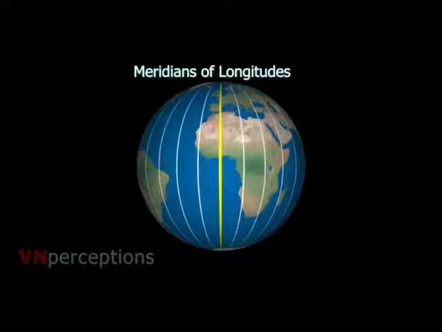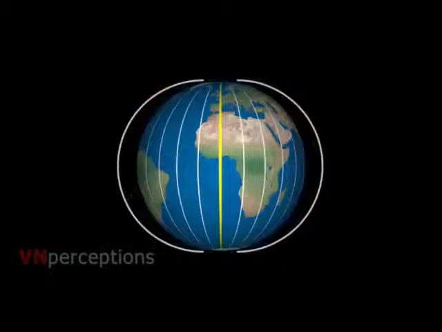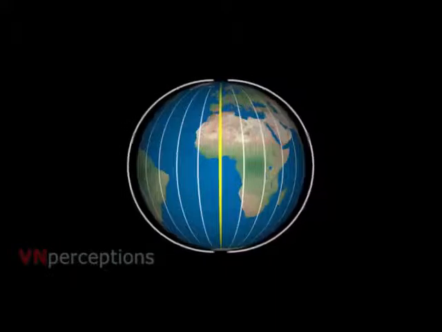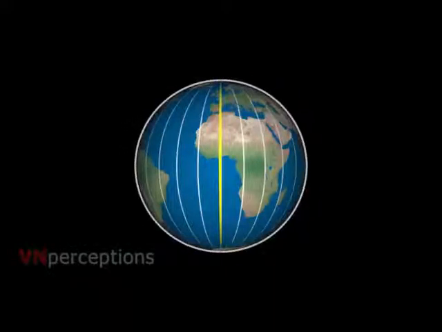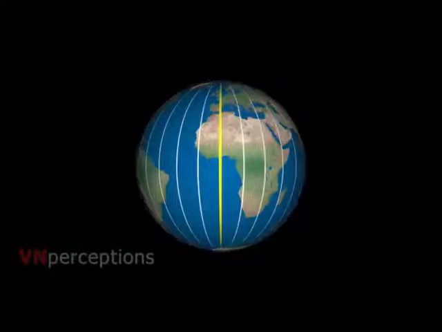These are semicircular lines, and two opposite longitudes together form one big circle. Totally, there are 360 meridians of longitude. All meridians are of equal length, and the distance between any two meridians is not equal. Actually, they get closer from the equator to the poles.